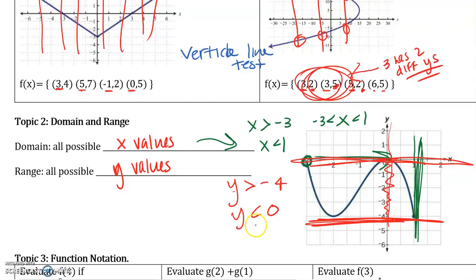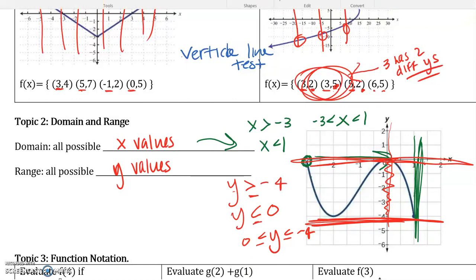Both of these are equal to. So I could write it again as a compound inequality and say this: y is greater than or equal to -4, and y is less than or equal to 0. And I forgot, in my domain, I need to go back since this was a closed dot. I should have a closed dot on 1, or an equal to on 1.